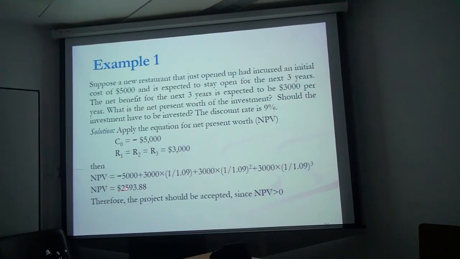We have a net present value of 2593.88. The question asked is whether the investment should be made. Yes, any investment with net present value greater than 0 is a good investment. So since NPV is greater than 0, the project should be accepted.